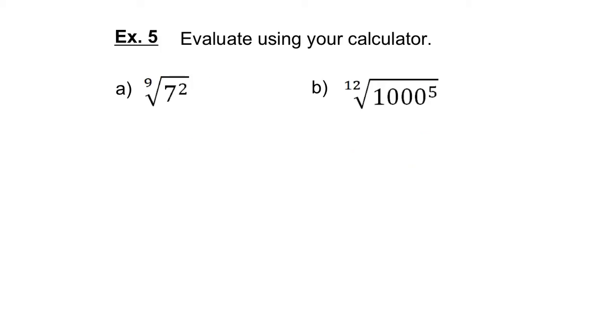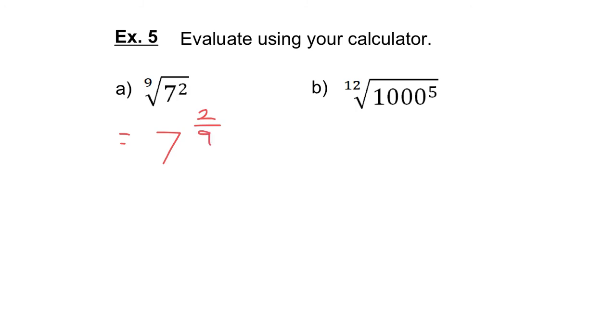Now these, I doubt you can do these in your calculator as it's written. So this is where I was talking about. You need to be able to turn these radical forms into the exponential form so that you can actually do the calculation in your calculator. So for the first one, I know this can be written as 7 to the exponent 2 over 9.